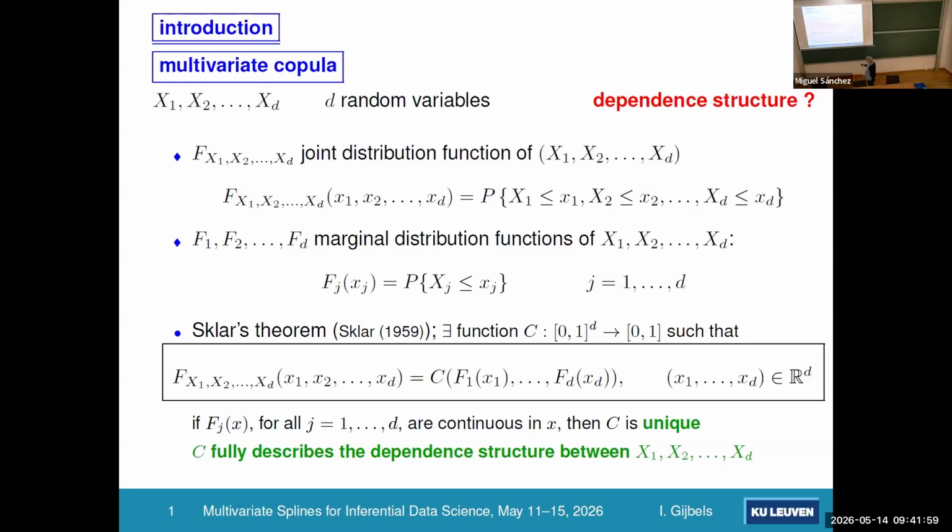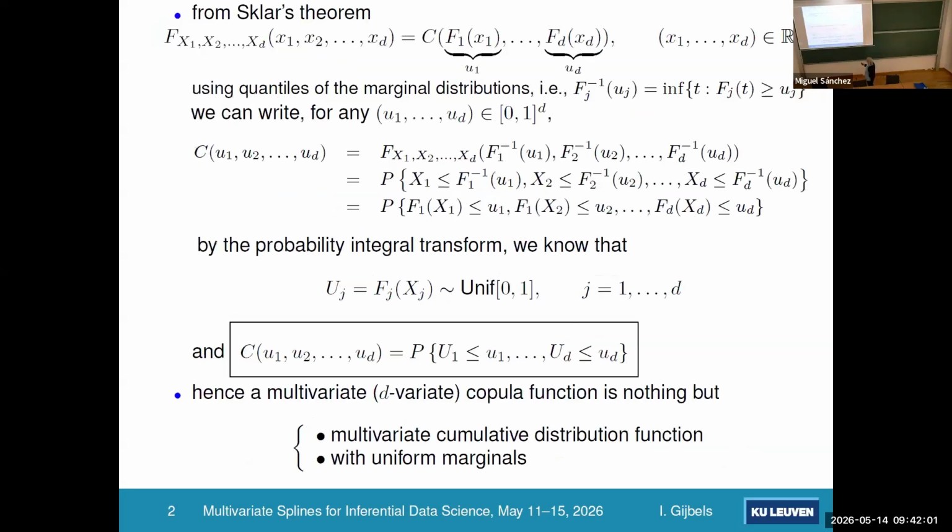Okay, next slide. I can also write this in a different way. So this is Sklar's theorem. If I now call this argument U1, this argument UD, then I can write it from right to left by using the inverses of these functions.